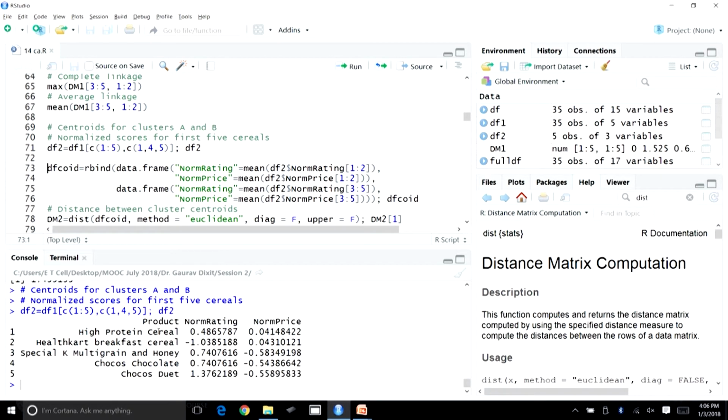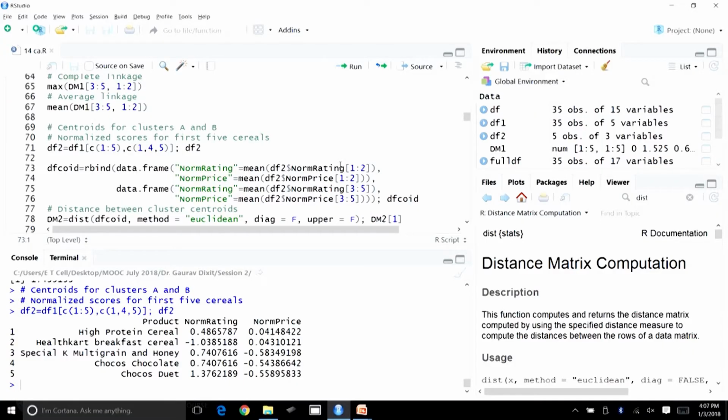So, for the first 5 cereals, we can see the normalized scores on rating and price here. Why do we need this information? Because we need to compute the centroids. For computation of a centroid, we need values for all the observations that are part of a particular cluster.